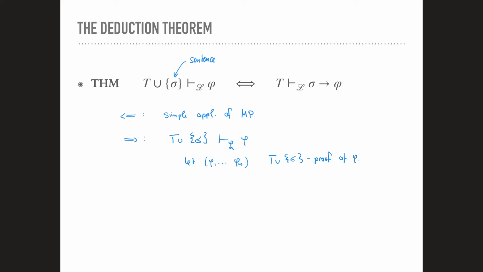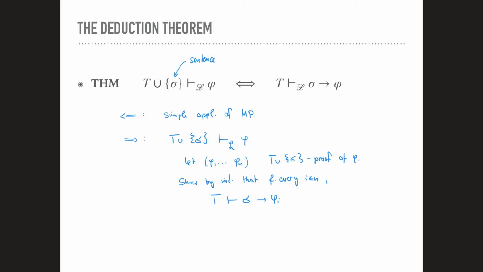And the way this proof then usually works is that you show by induction that for every i less than or equal to n, T proves sigma implies phi i. And so you work your way through the proof and show that at each step of the proof, you actually have this implication here provable from T.